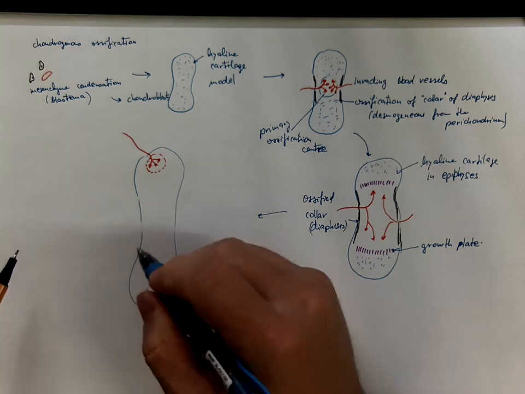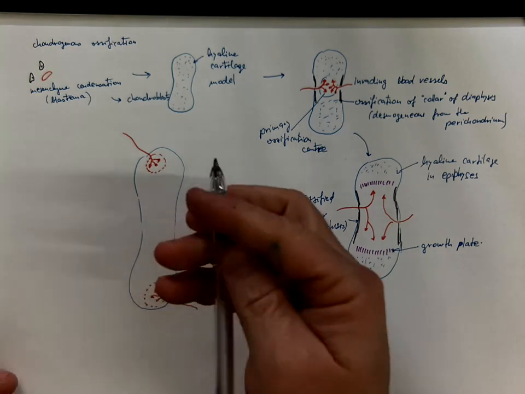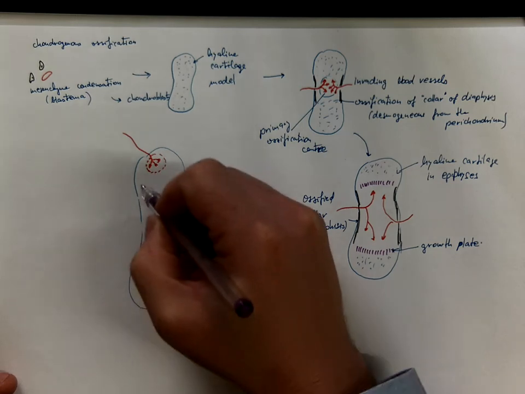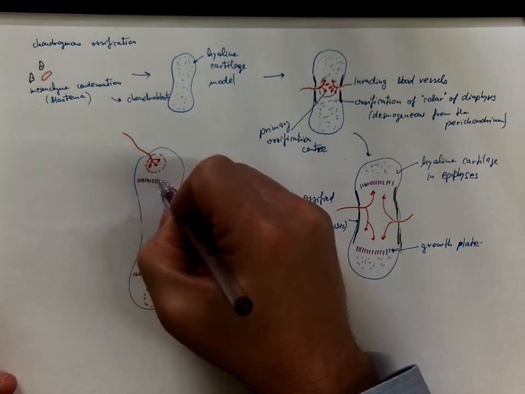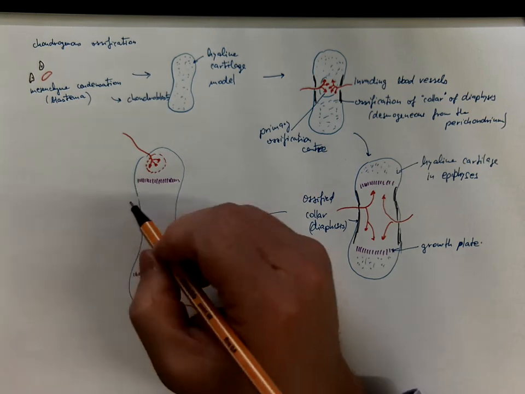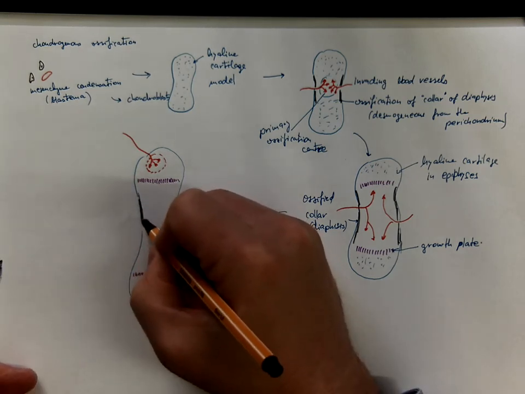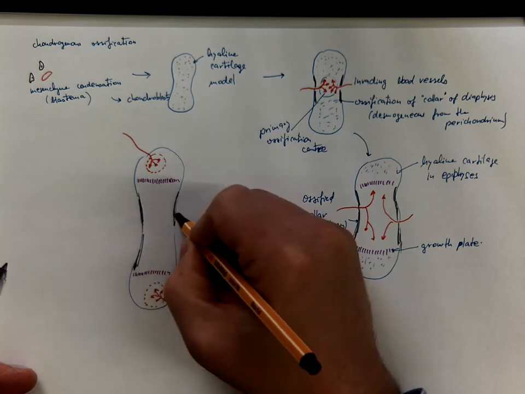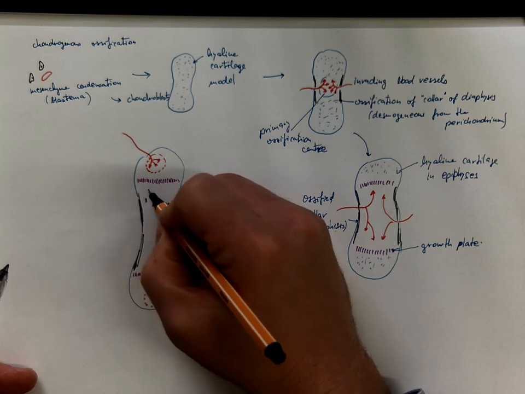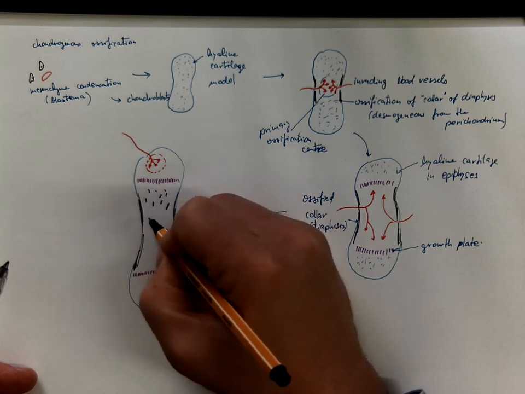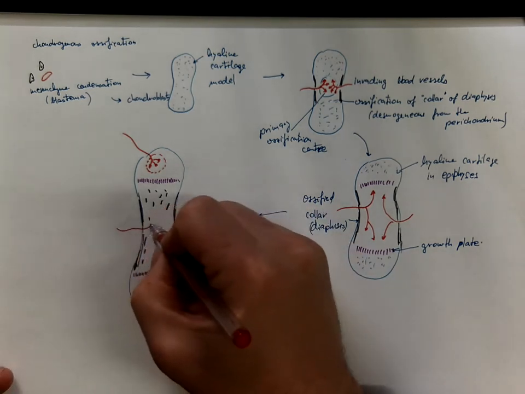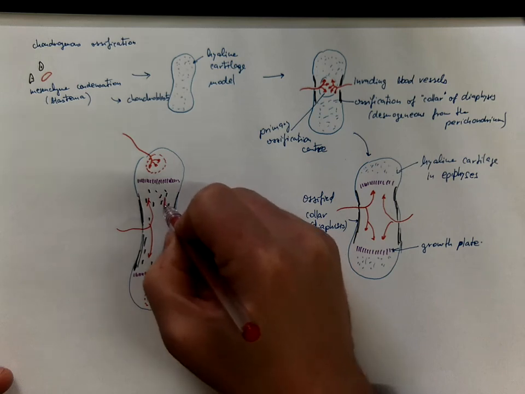So the region occupied by the cartilage is smaller and smaller. Here we have the growth plate with its zone of chondrogenous ossification, or of endochondral ossification. Here we have the bone collar on the diaphysis. Here we already got the medullary cavity with the bone trabecules among the blood vessels.